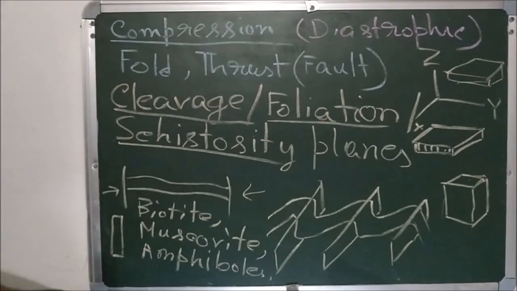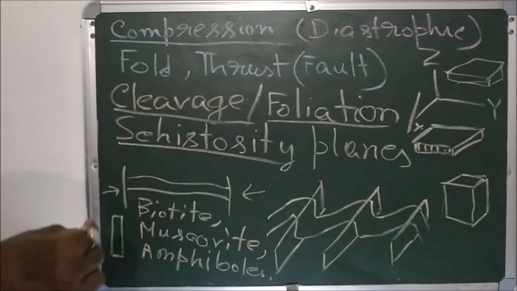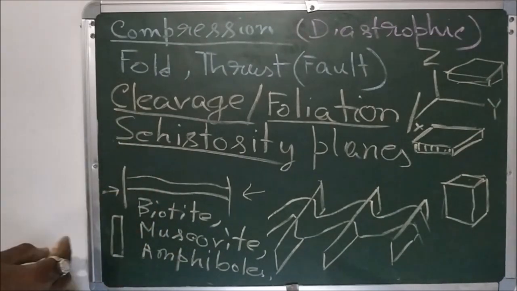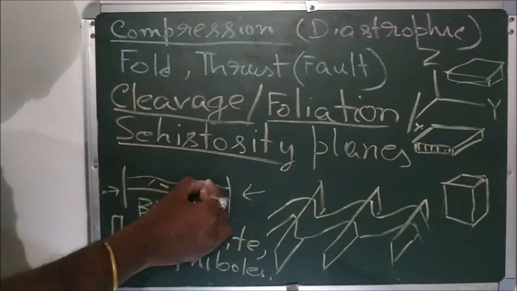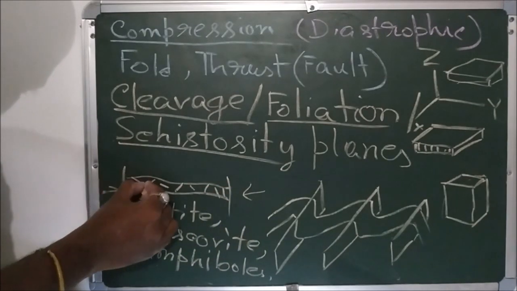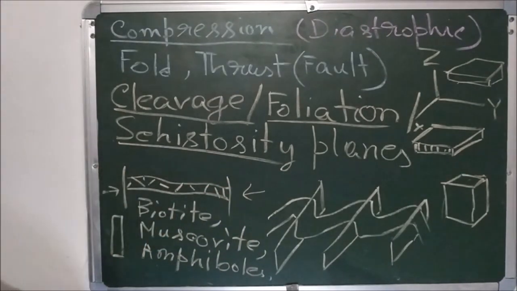So these platy and flaky minerals in response to compression get oriented in a preferred orientation. Suppose this is the compression and here the orientation of biotites was random like this.